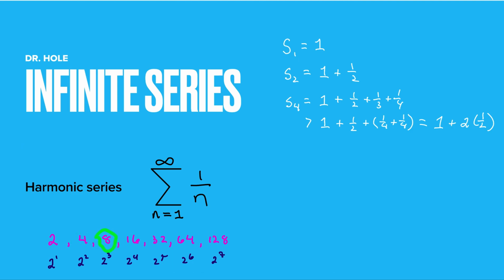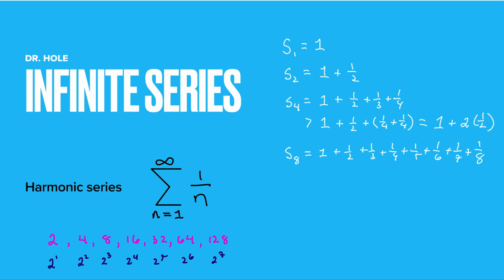Now let's jump out to S8, which is 2 to the 3. So on S8, we're going to have 1 plus 1/2, 1/3, a 4th, 5th, 6th, 7th, and an 8th.